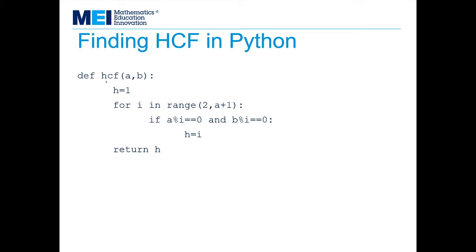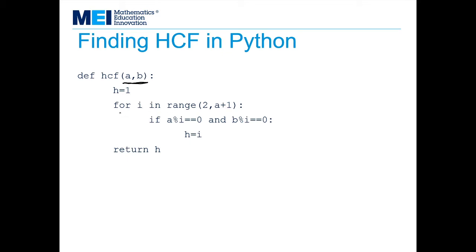So we start by defining our function, and this time, instead of just having one parameter n in our function, we've got two parameters a and b, because we want to find the highest common factor of a pair of numbers. Now we start by setting a variable called h equal to 1, because 1 is a factor of any two integers. And now we're going to look to see if we can find a higher common factor.